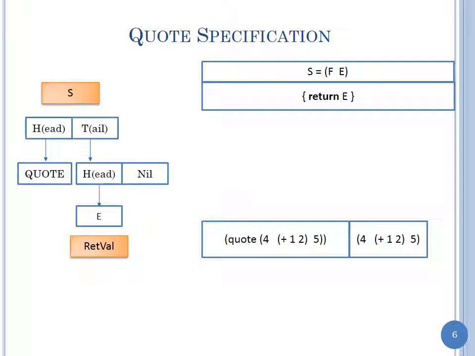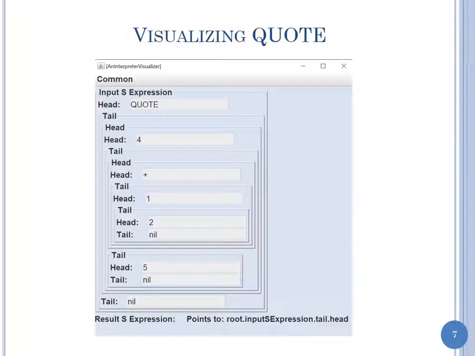So even though this expression E here in our example is a list containing 4, plus 1 2, and 5, it is the head of something. Again we see that here: the result of quote happens to be the head of something in the input expression. Quote just returns its argument, taking out the quote and returning the value.